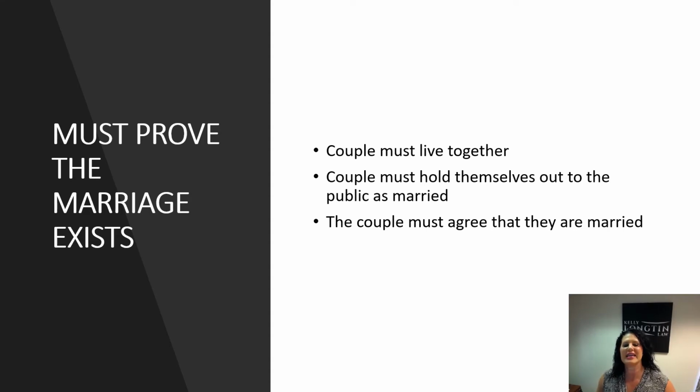But each state has different requirements regarding what constitutes a common law marriage within its jurisdiction. For example, in Texas, an individual must establish three elements, and these are pretty common elements, but they're state specific. Couples must live together, they must hold themselves out to the public as married, so they must tell people that they're married and act as a married couple, and they must agree that they are in fact married.